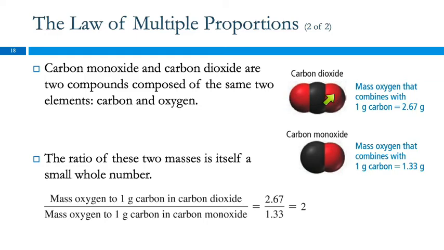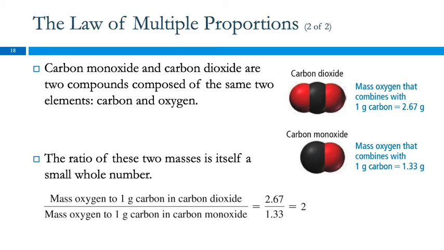So 2.67 grams of oxygen per 1 gram of carbon. In this compound, if we had 1 gram of carbon, we've got half as much oxygen, right? The ratio here is 1.33 grams of oxygen to 1 gram of carbon.